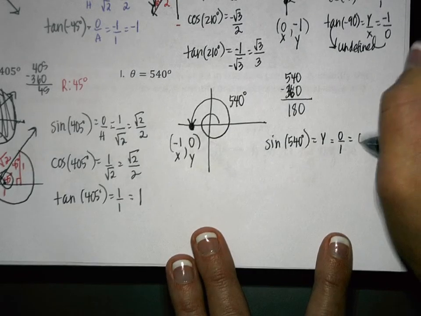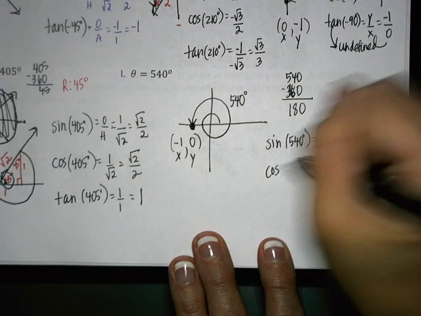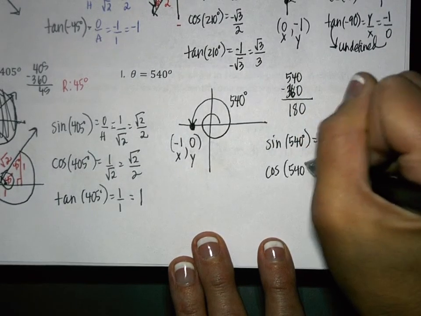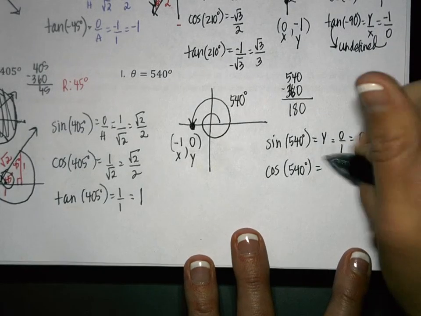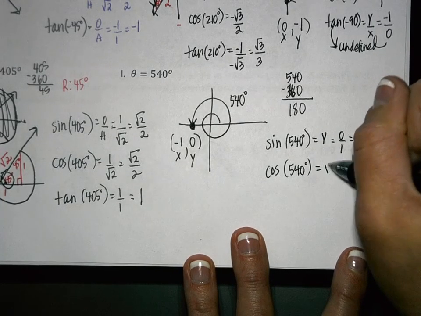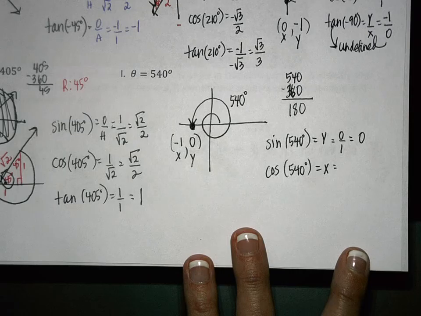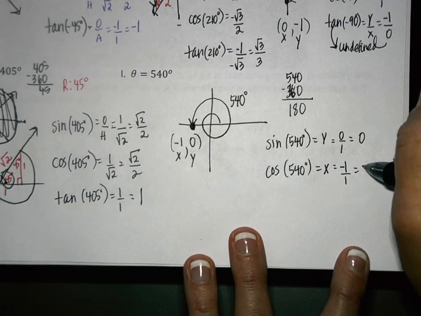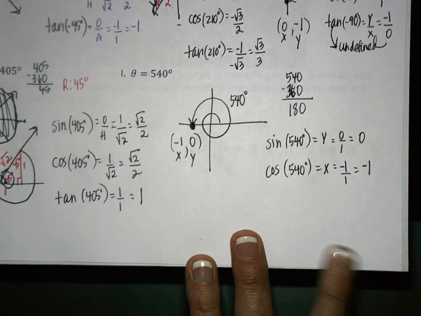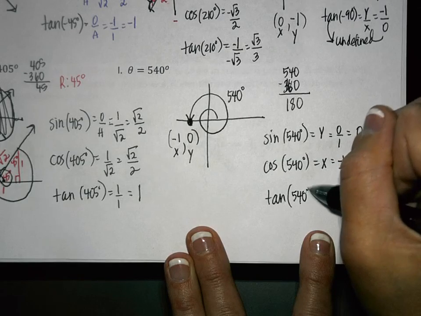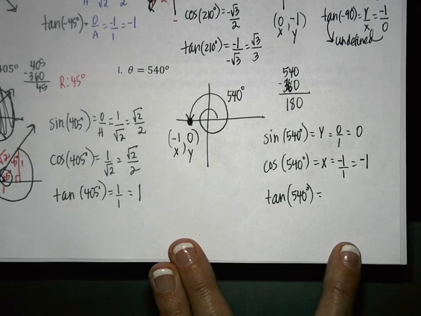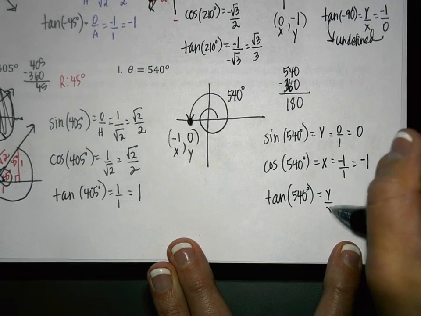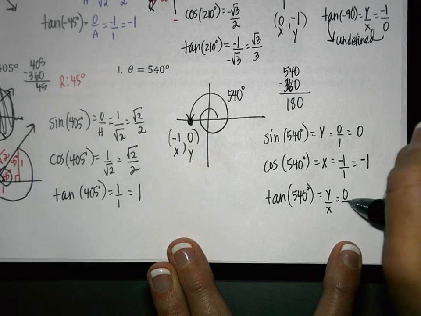Okay, cosine of 540 degrees. Cosine is dealing with my x, and so that will be -1 over 1, which reduces to -1. And then we have tangent of 540 degrees, which is y over x, and we have 0 over -1, which is 0.